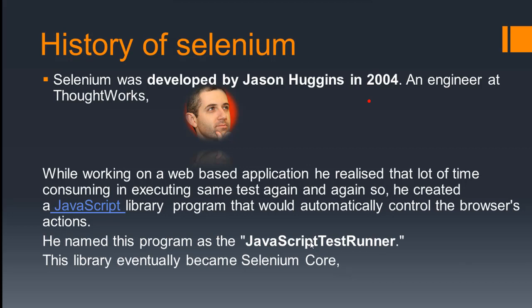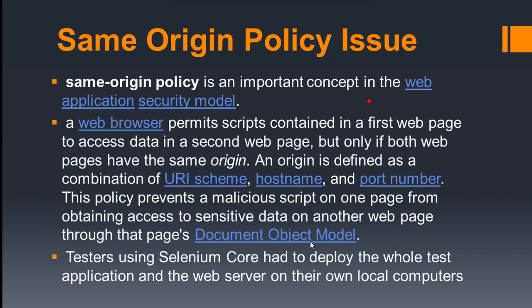But there were still a lot of limitations, because there is something called the same origin policy in the browsers. This origin policy issue was a major disaster for Selenium Core, because it is related to web security.